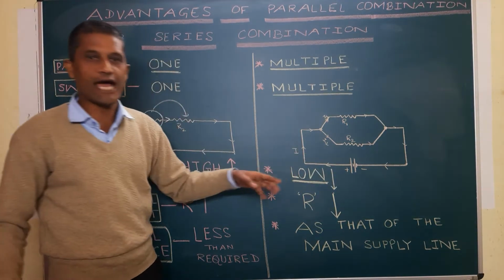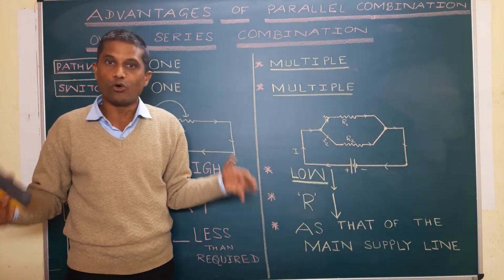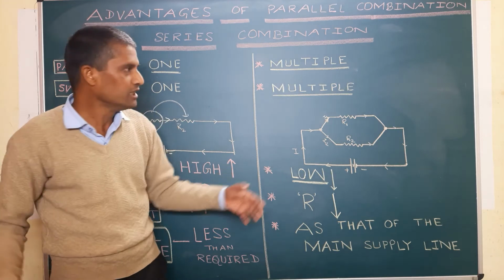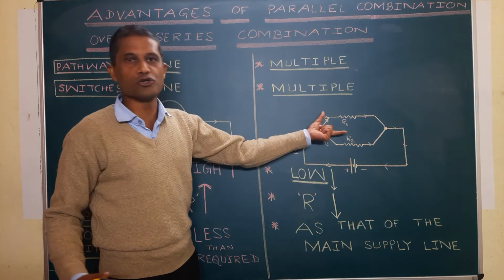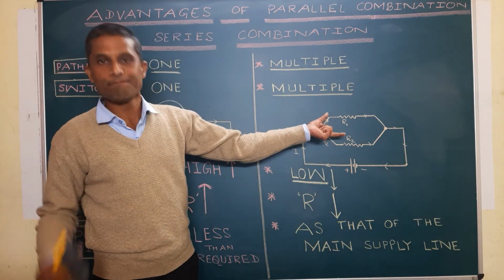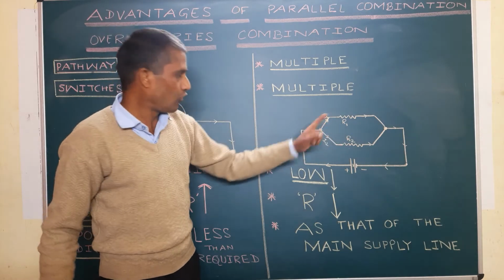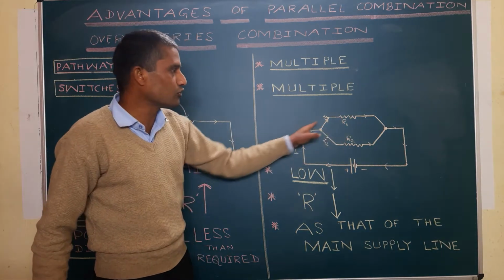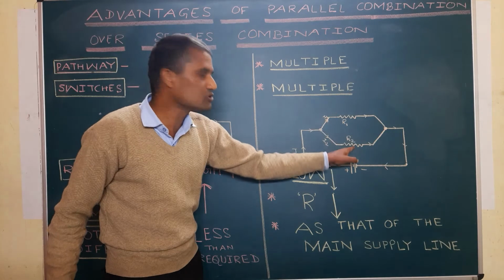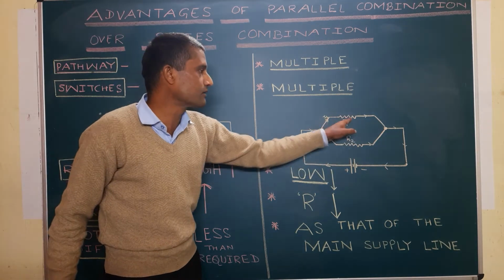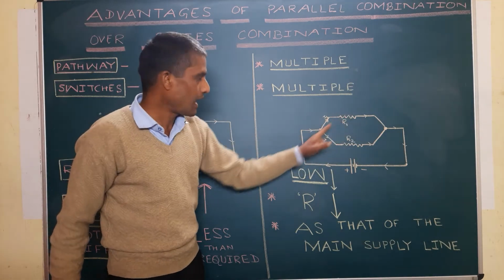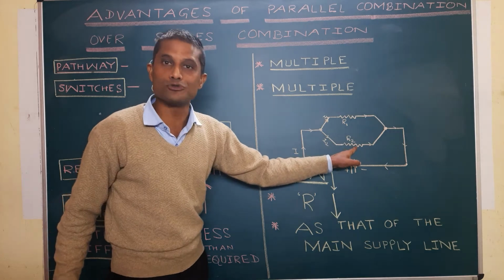As you have learnt in detail, in parallel combination current gets distributed amongst the number of resistors. Here it is the same, the current gets distributed amongst these two resistors. I1 current flows through R1, I2 current flows through R2. But what does it mean?